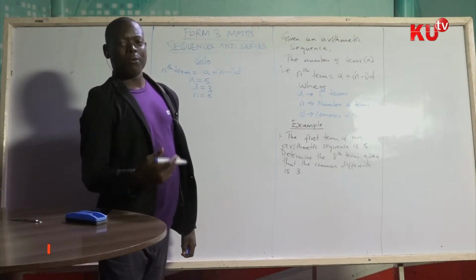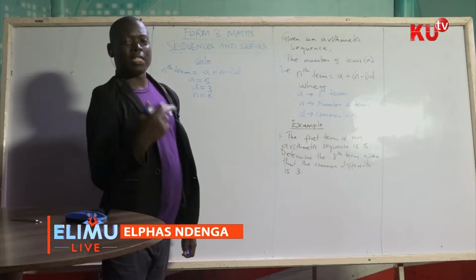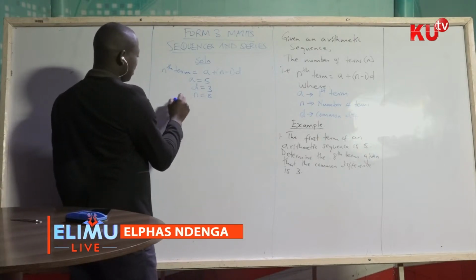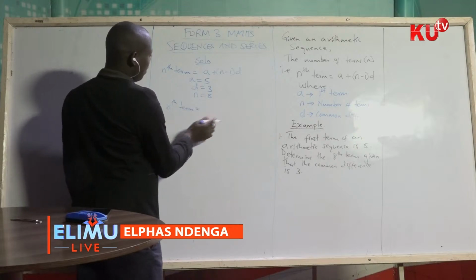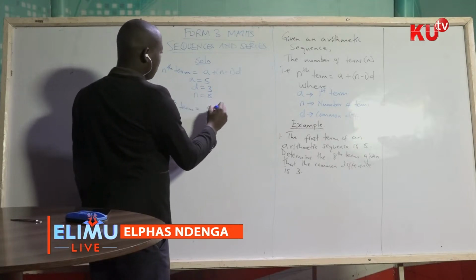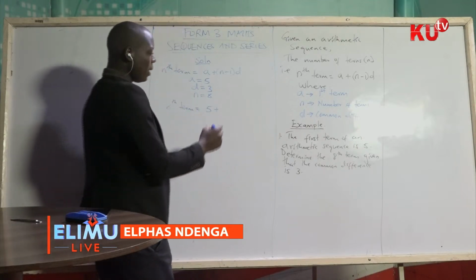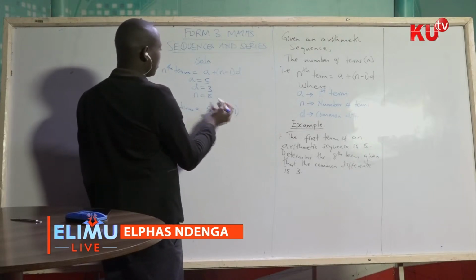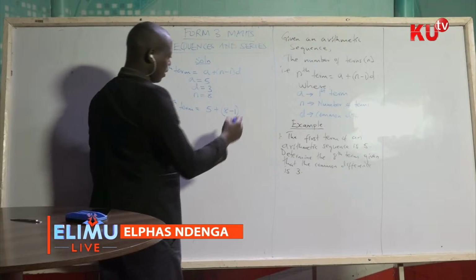Now, what do we do? Right, we substitute into the formula. So we shall say our 8th term will be A is 5 plus, open the brackets, n is 8 less 1. What is the common difference? 3.